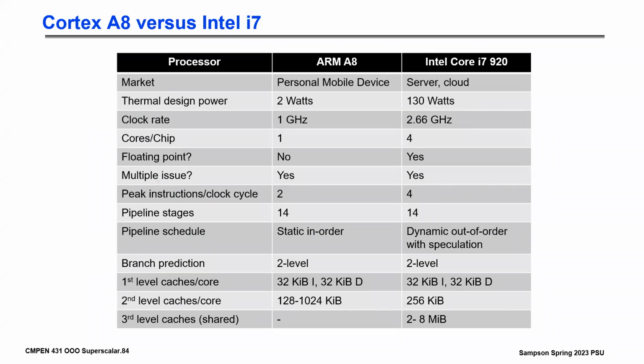Let's say I'm only doing 4 instructions per cycle times 2 operands per instruction times 8 bytes per operand.